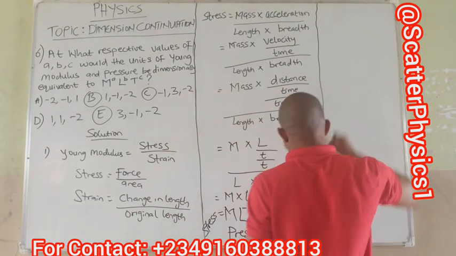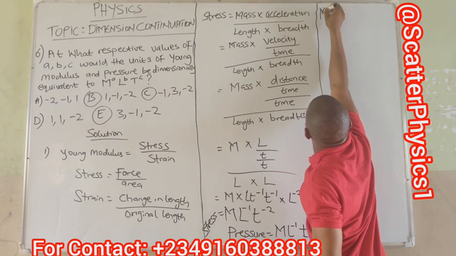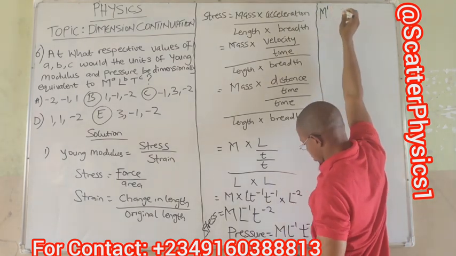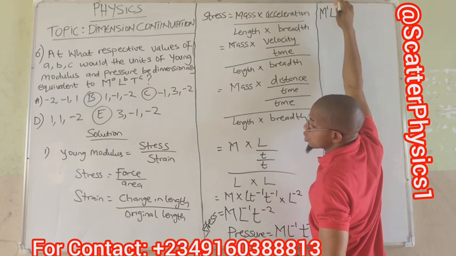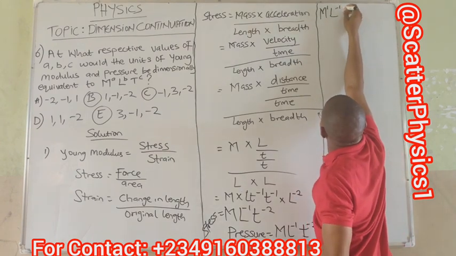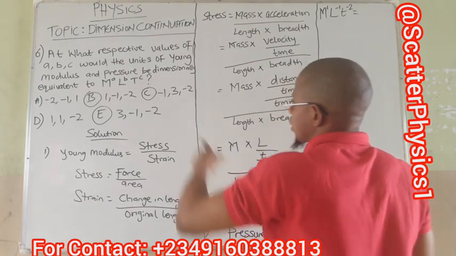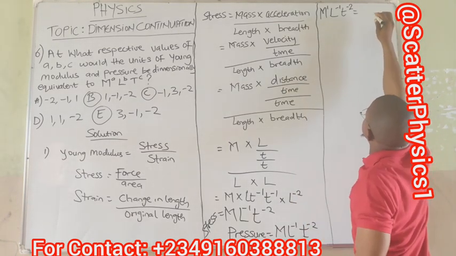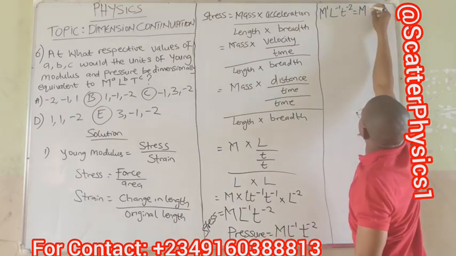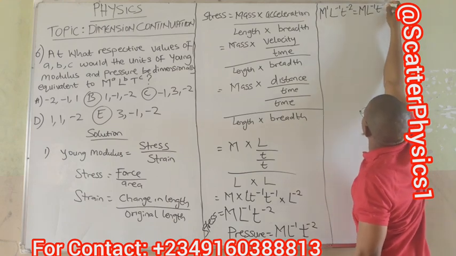We have that the dimension of pressure and stress is M raised to power 1, L raised to power minus 1, T raised to power minus 2.